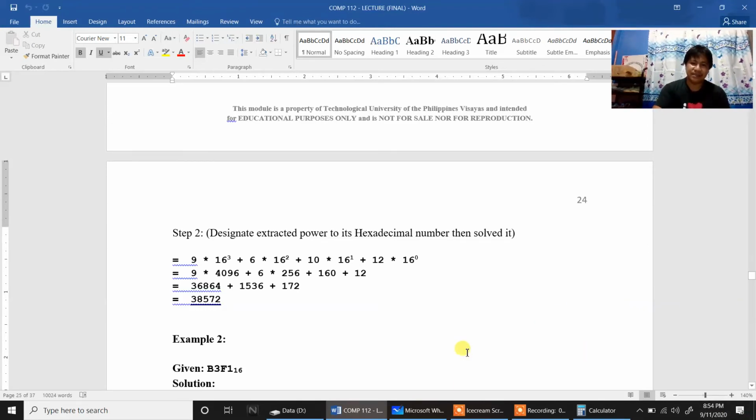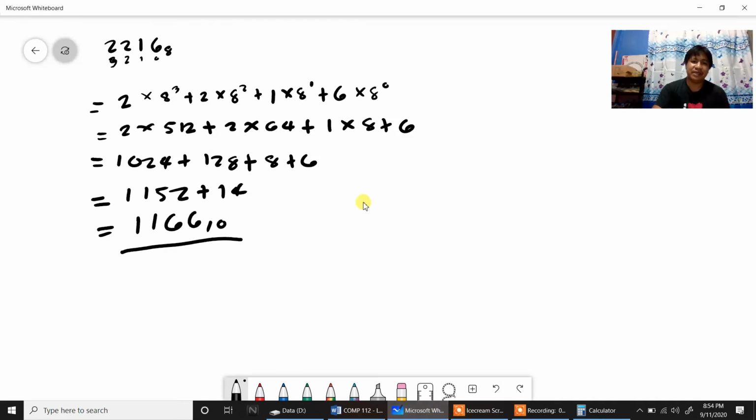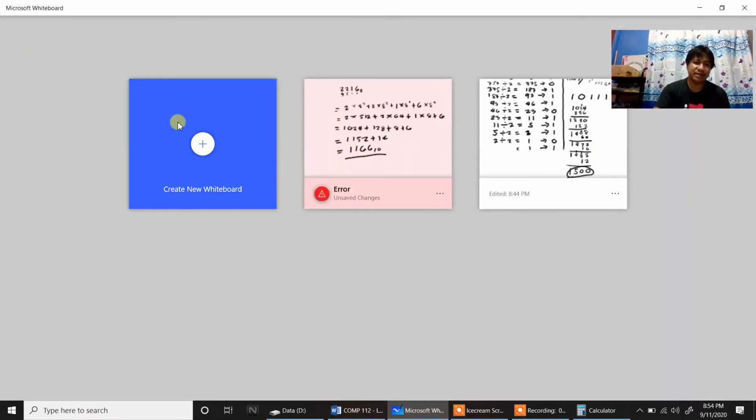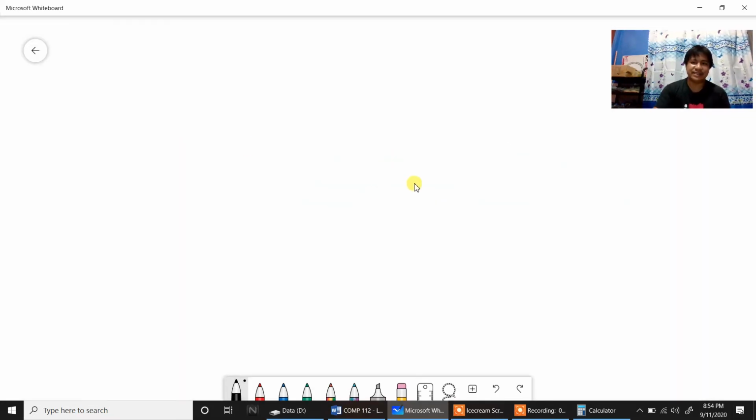To make it clearer, we will try another example for hexadecimal to decimal. This is our last example.